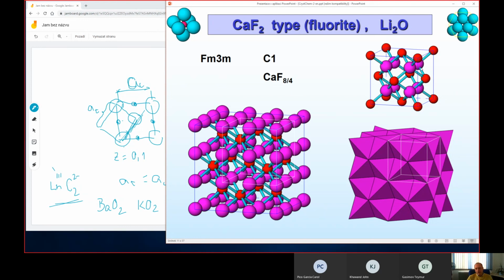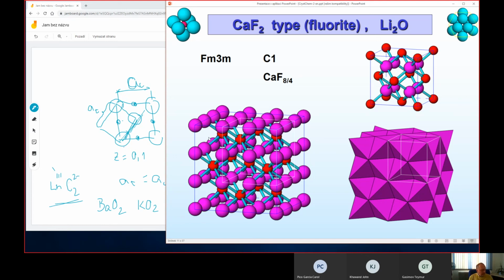You see the unit cell, the structure consisting of tetrahedra which share the edges, and the whole structure here. And this is the fluorite type, where the calcium or larger cations form the close packed structure and the smaller anions enter the tetrahedral sites.